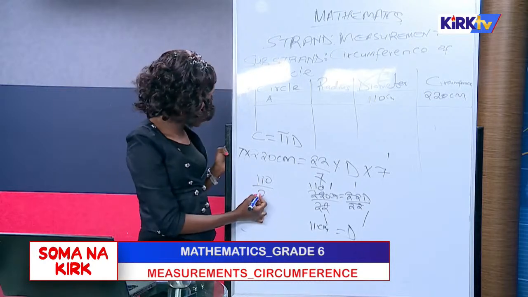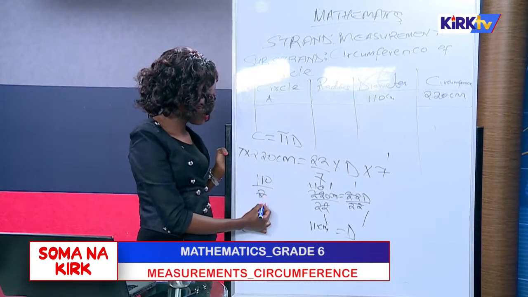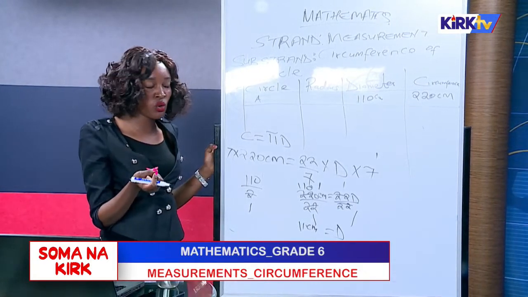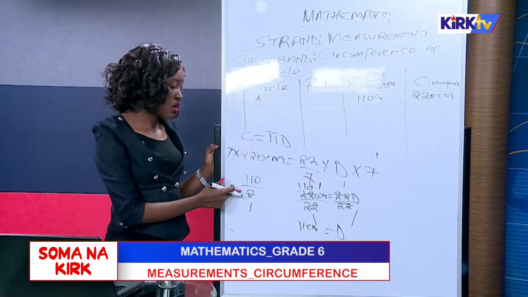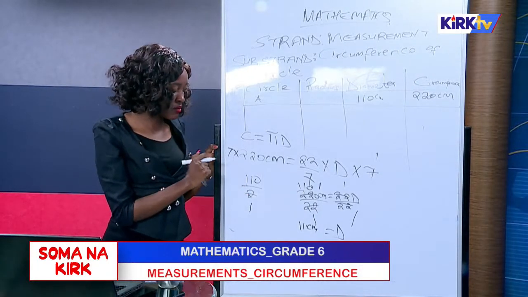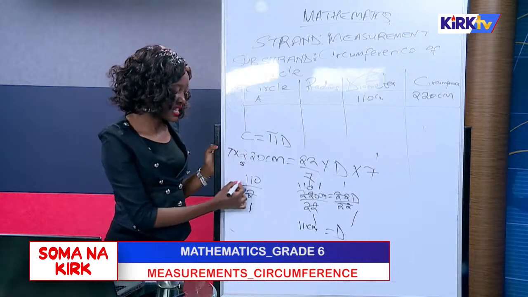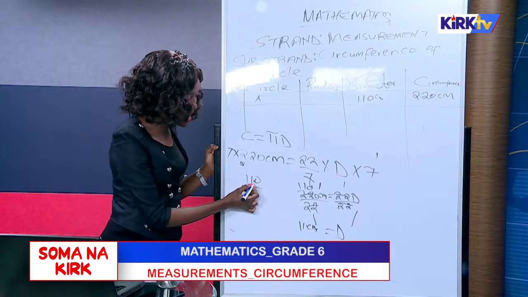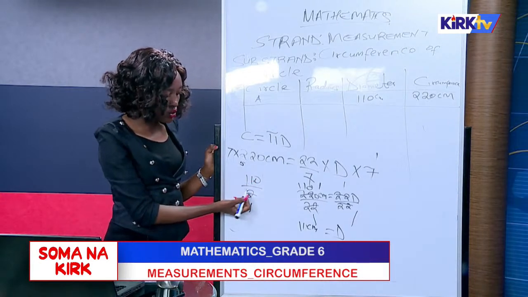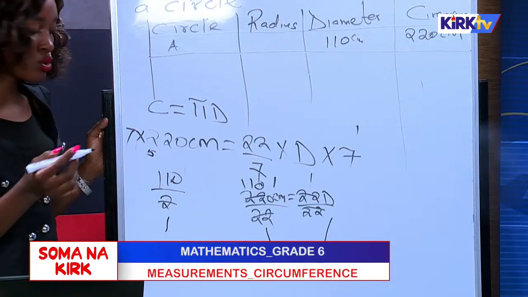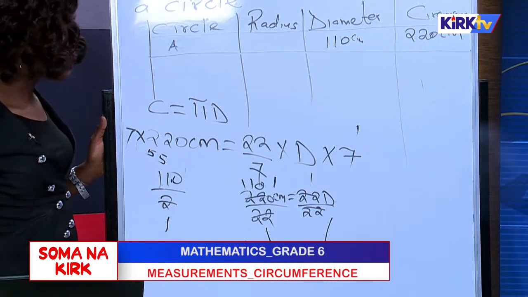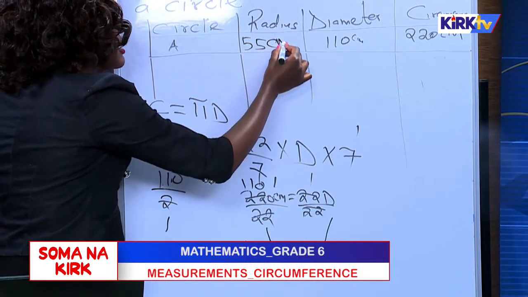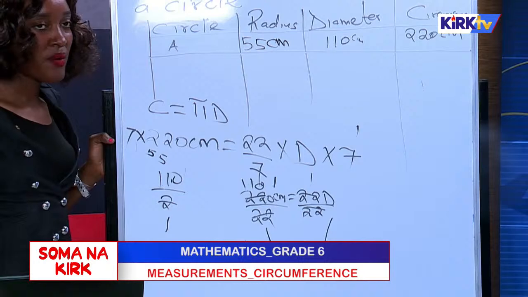How many times will 2 go into 11? 5 times because of 10, remainder 1. You write it just slightly, all right? So 10, how many times will 2 go into 10? 5 times. And so our radius is 55 centimeters.